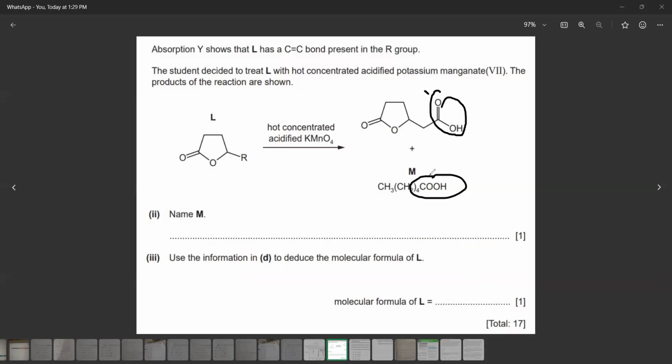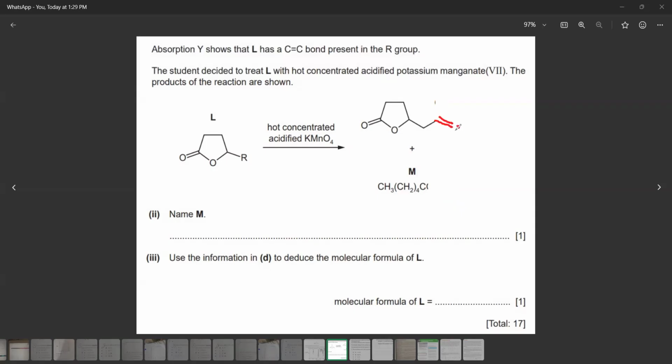So when we want to link the chain here, the double bond is here, in this part, because the part which is being oxidized is where the double bond exists. So if we remove the C double bonded with O, and we remove this as well, there will be a carbon-carbon double bond at this point.